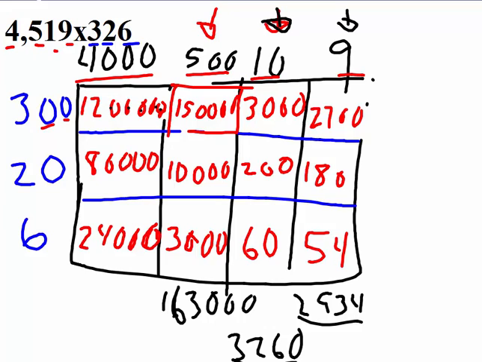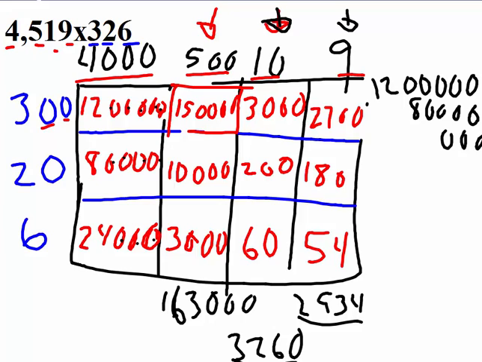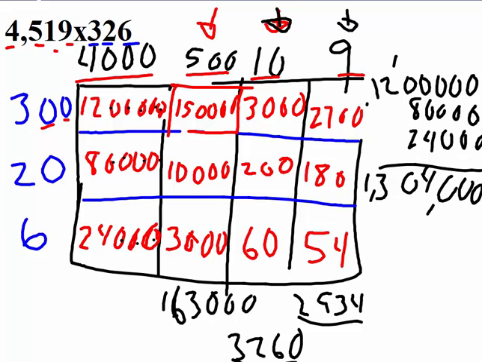I need to make sure those place values all line up. 0, carry the 1. So I have 1,304,000.